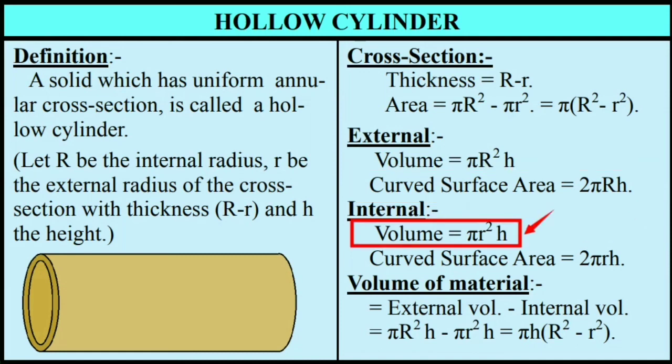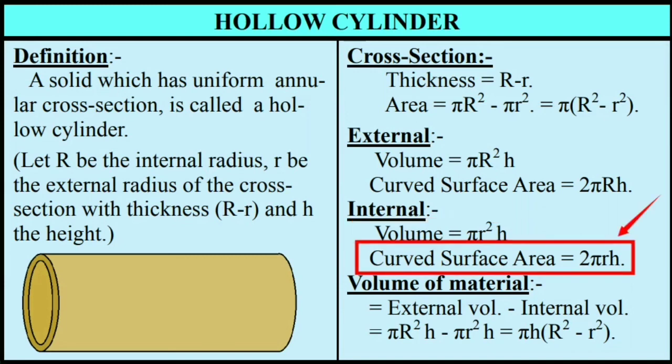Similarly, internal volume is again pi r square h. Since it is the internal volume, so we use the radius of the inner circle, that is smaller. And similarly, curved surface area is 2 pi r h, where r is the radius of the internal circle.